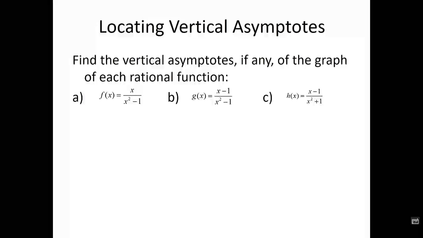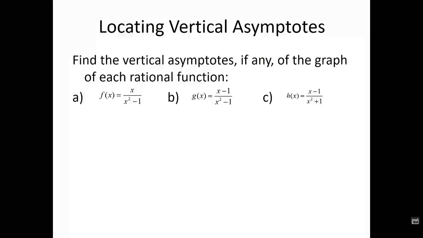Now, in the next example, we will actually locate the vertical asymptote. So we're going to find the vertical asymptote of the graph of each of the rational functions. In part A, the rational function f of x is equal to x over x squared minus 1.